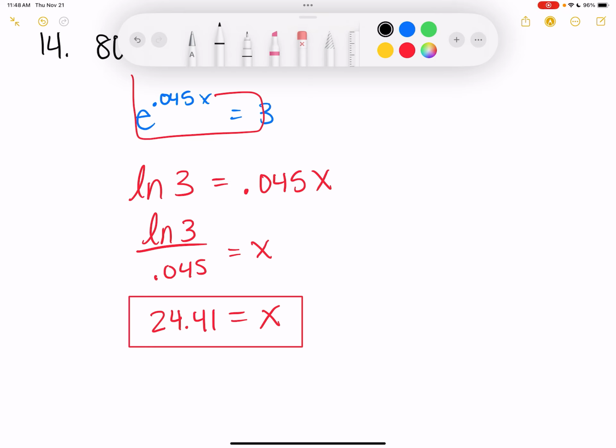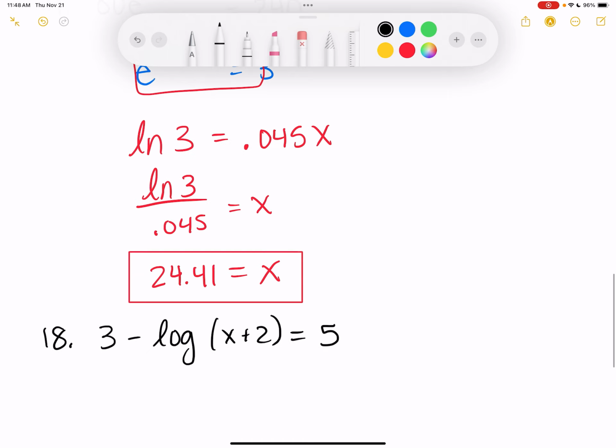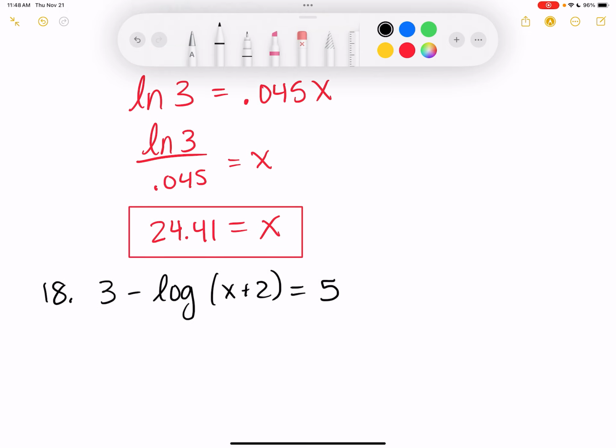Number 18. 3 minus log of x plus 2 equals 5. What do I need to do first? You need to bring the 3 on the other side.